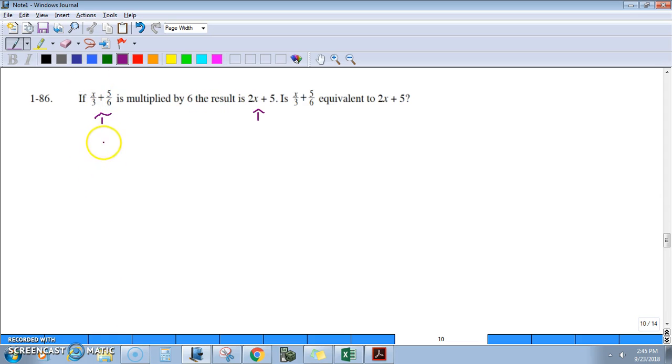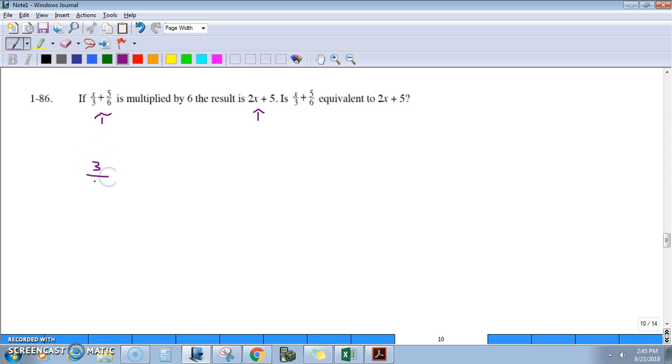So if I put in 9 for x here, that's 9 over 3 plus 5 over 6, which is, oh, I shouldn't do 9. I was trying to make that easy, but it's not. So I'm going to make x 3.